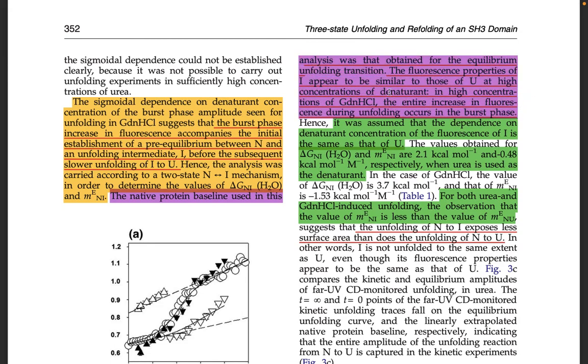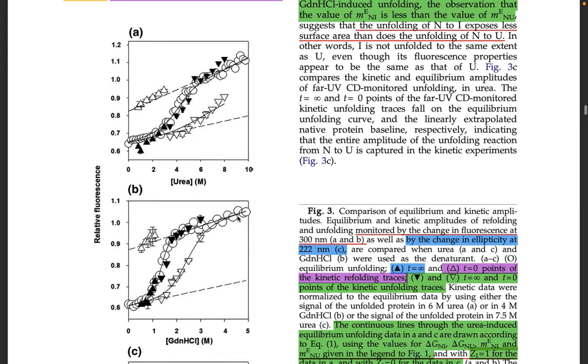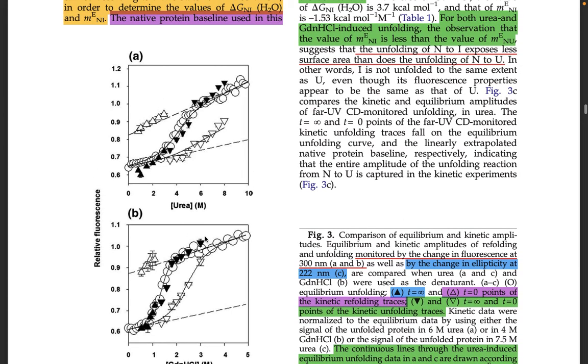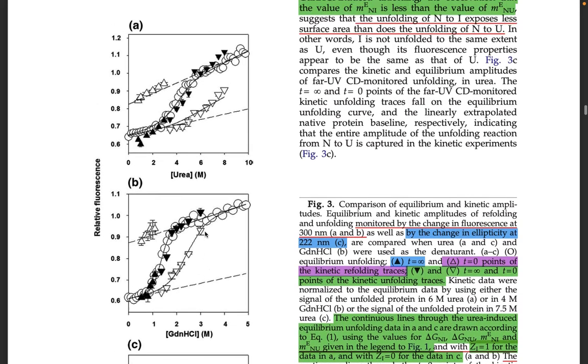So to address this, they had to take the baseline by equilibrium experiment, because for an unfolding measurement you have a native protein and you mix it with unfolding buffer, so you are never at 0 molar concentration.